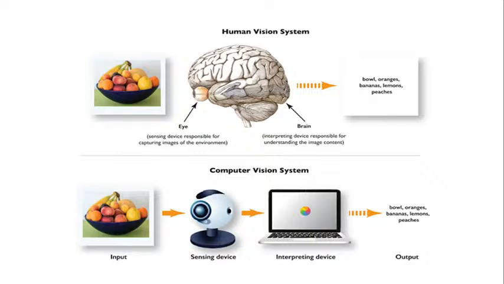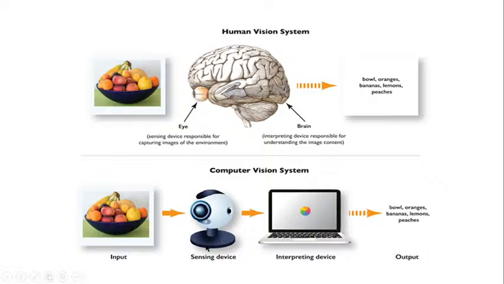Then that information is captured by our sensing device and moved to the interpreting device. In our human vision system, the interpreting device is the brain. So whatever the sensing device captures, all the data is stored in the interpreting device. See this example: our brain stores bowl, oranges, bananas, lemon and peaches. The same concept by which the human vision system works is how the computer vision system also works.